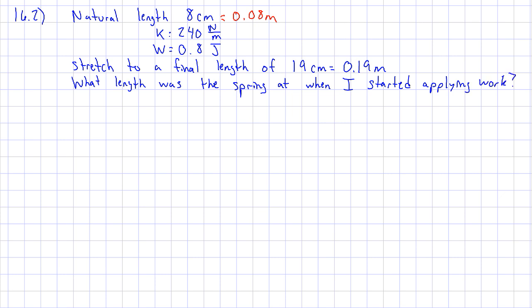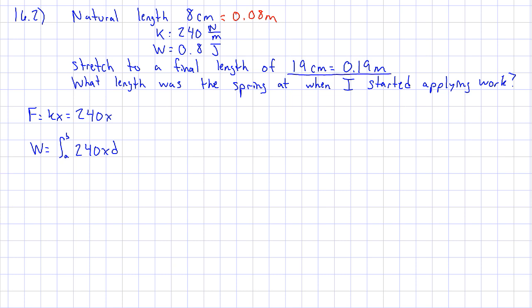Okay, so once again, I know that my force function by Hooke's law is equal to K times X, and I know K, it's 240. So I have my force function. I can jump right to plugging everything in for work. So I'll have my integral from A to B of my force function, which is 240x. I know that B, my final length, is 19 centimeters.